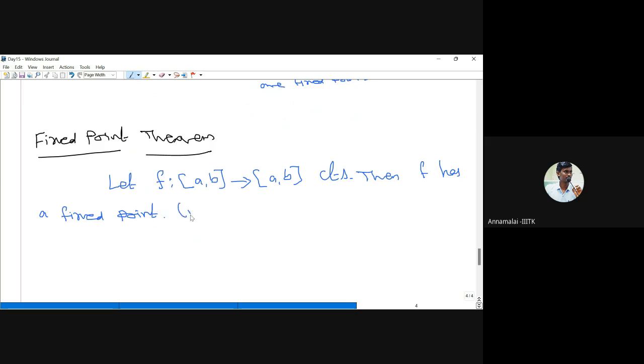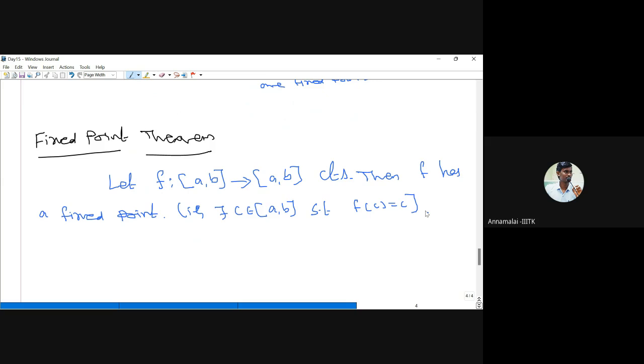What is the meaning of this? There exists some c in the closed interval a comma b such that c maps to c. So any continuous function from the closed interval a comma b to itself always has a fixed point.